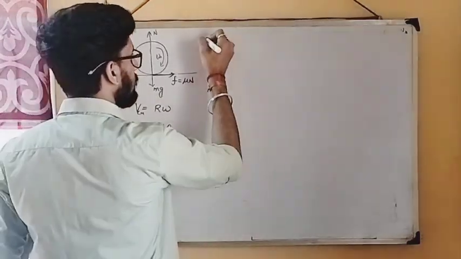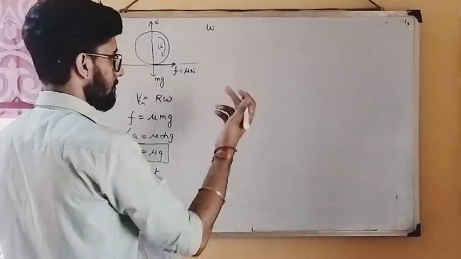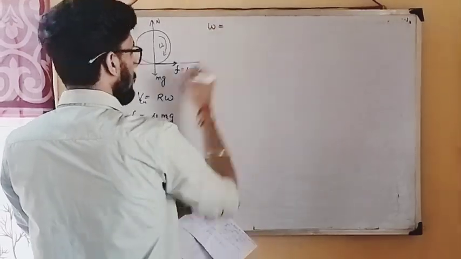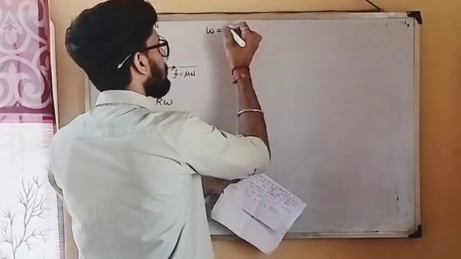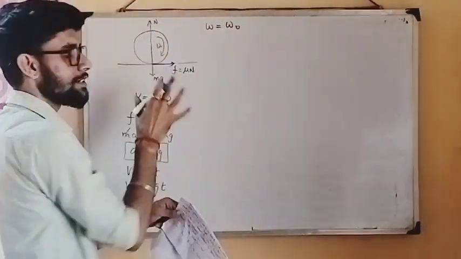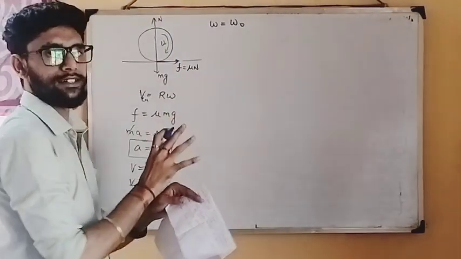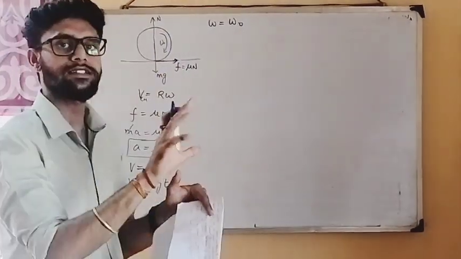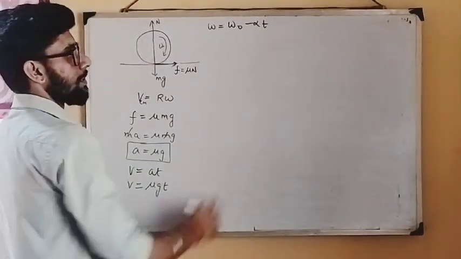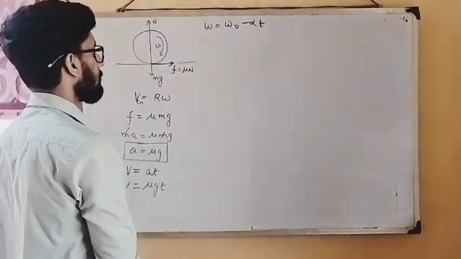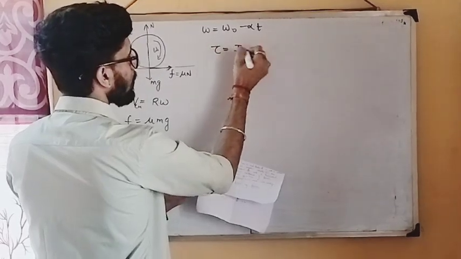Now we have to find the omega part. And how will we find the omega? Omega will be equal to, again in the same case, since it is moving with the initial angular velocity omega naught, and this friction will try to decelerate the cylinder so that finally it starts rolling, and it can be calculated as omega naught minus alpha t. So here we can see we have to find the alpha. Now how can we find the alpha? We know for rotational motion torque tau is equal to I alpha.